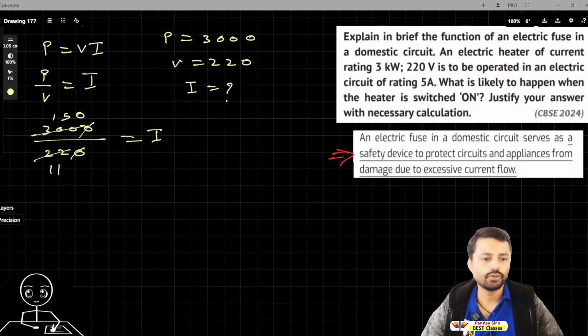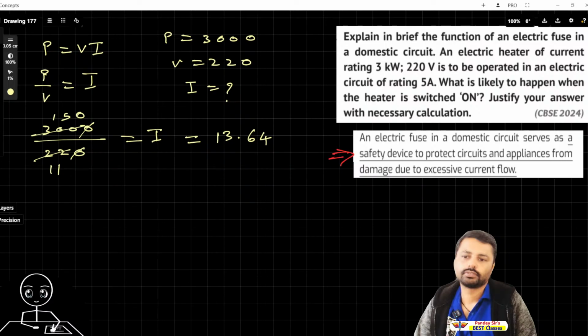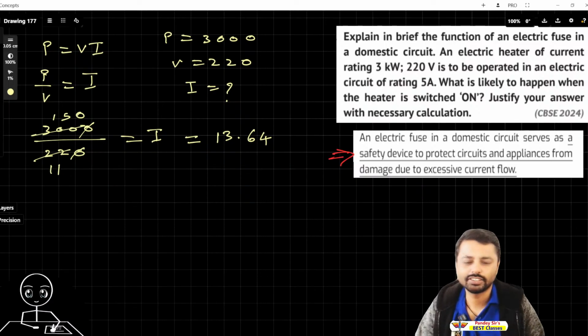Okay, and if you calculate, it will come approximately around 13 or 14 something. So it's 13 point, 13 11s are 143, so 13.6 4, that it should be. Let's actually verify it.